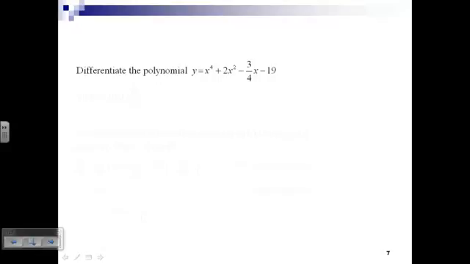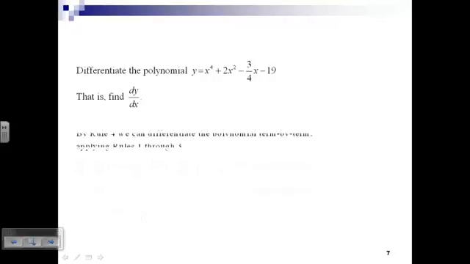Hey, we got to differentiate this. And as we do this differentiation, we're going to actually talk about the rules that we're using. So if I want to differentiate that, meaning I want to find dy dx, yet another way that we call the derivative of the function y. Okay, how are we going to do this?